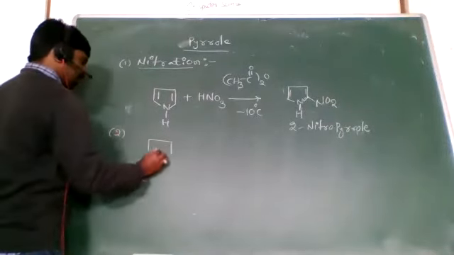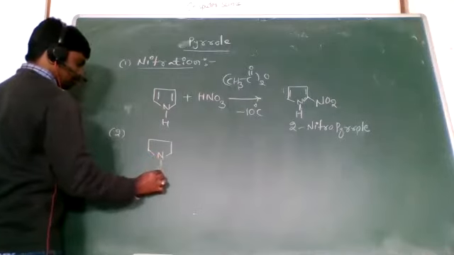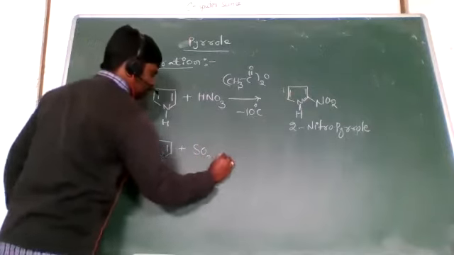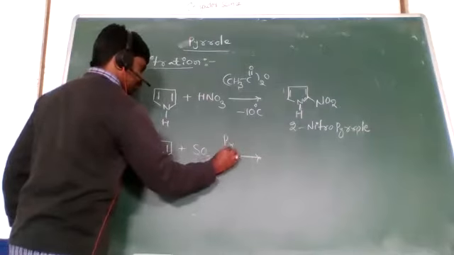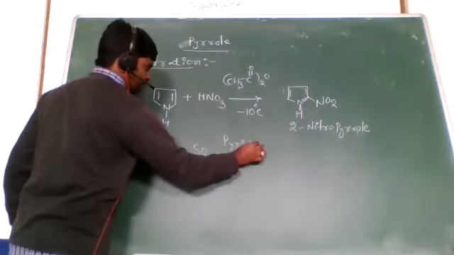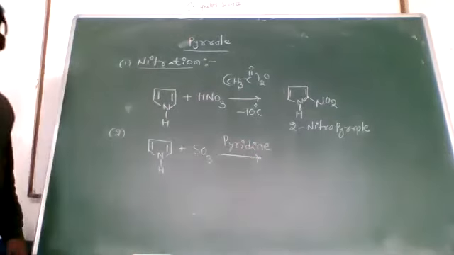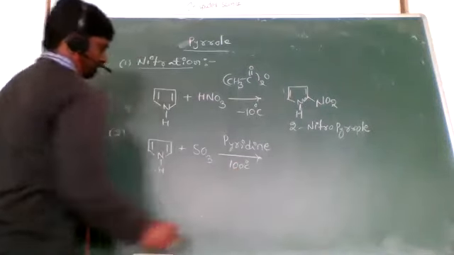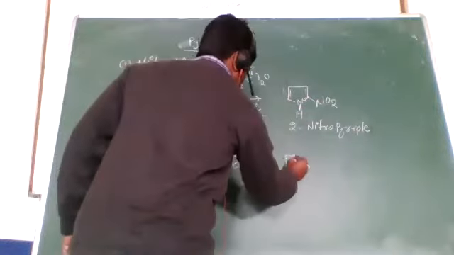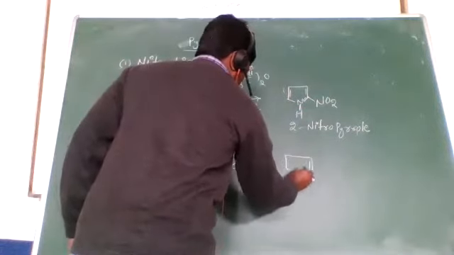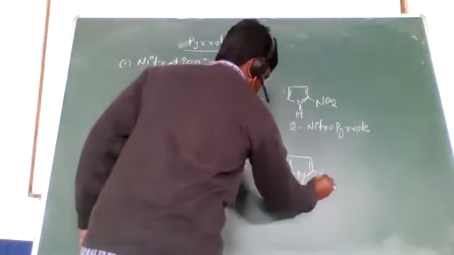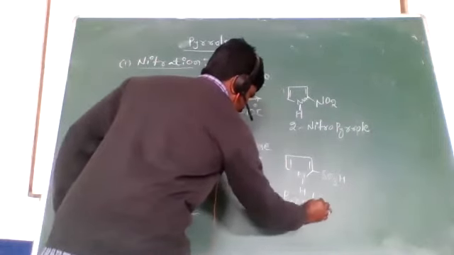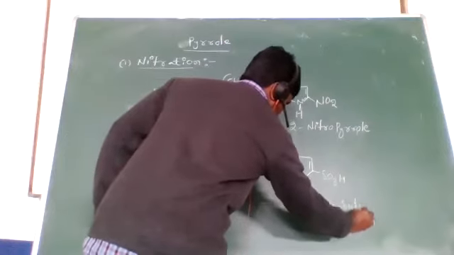Now, when pyrrole is treated with sulfur trioxide in the presence of pyridine at 100 degrees Celsius, we get pyrrole 2-sulfonic acid. What is that? Pyrrole 2-sulfonic acid.